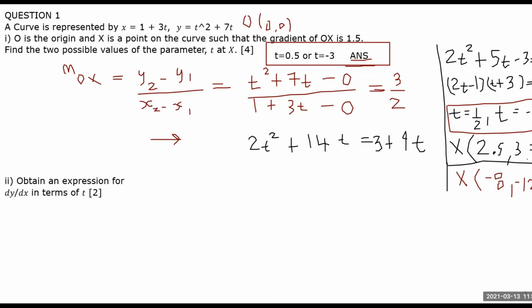And another possible point is negative 8, negative 12. So let's have a look at this now.